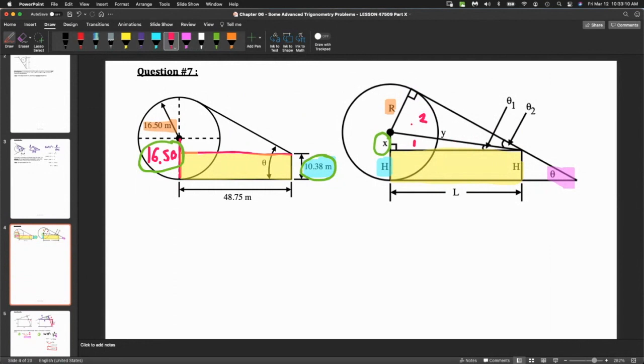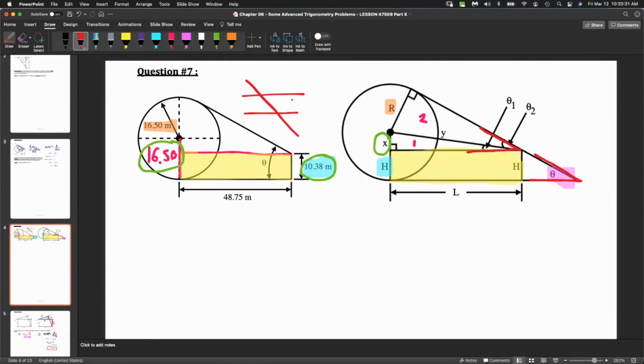And this is the key to the question. This angle here, I'll draw it really slowly, is the same as this angle here. That's because of the parallel lines and their associated theorems.